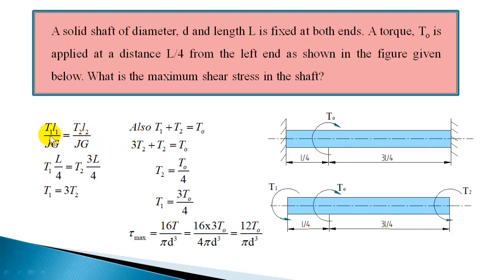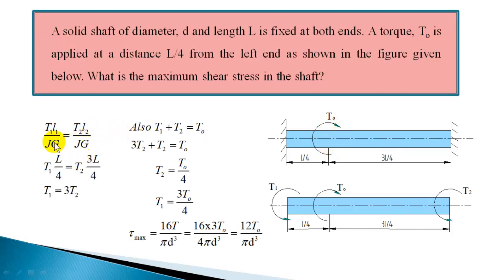So the angular twist in the first section, T1 L1 divided by Jg, is equal to T2 L2 divided by Jg. Considering this portion, I am finding the angular twist of this junction with respect to this end, so it is T1 L1 divided by Jg, and for the other section I am finding the angular twist as T2 L2 divided by Jg.